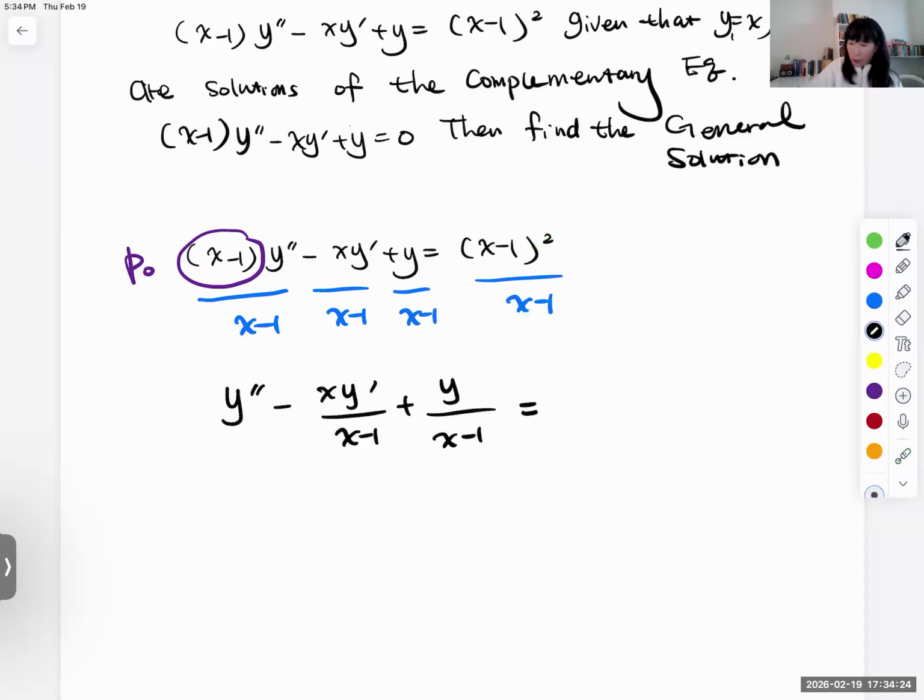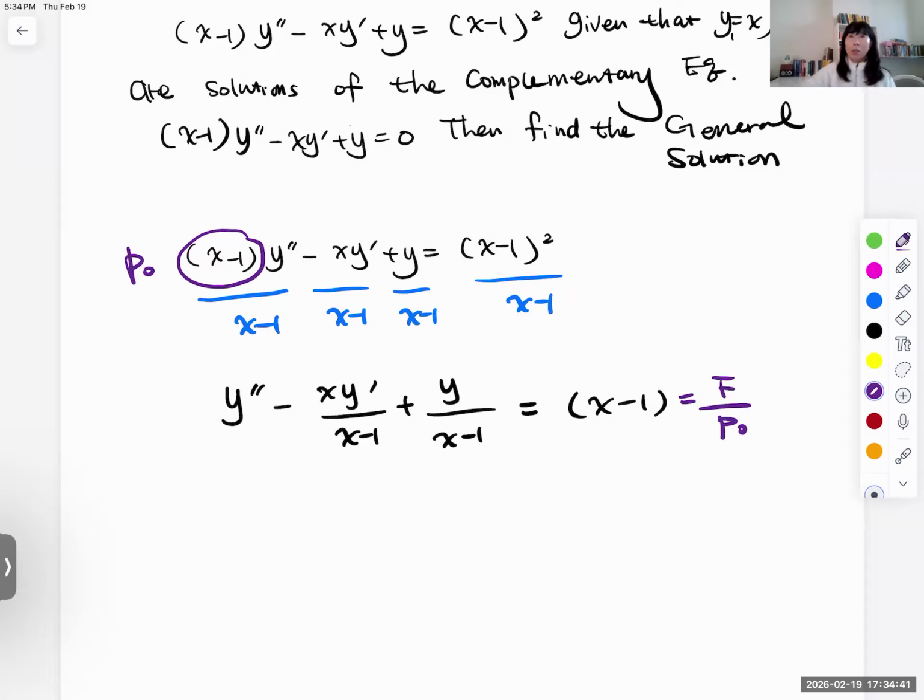Simplify, so we got only x minus 1, right? So there will be f over p naught, right? So we can use that later on.